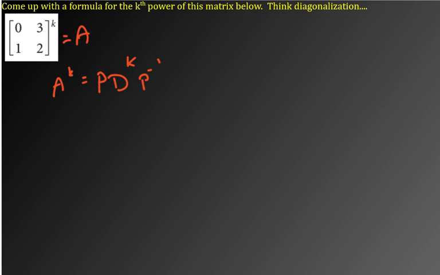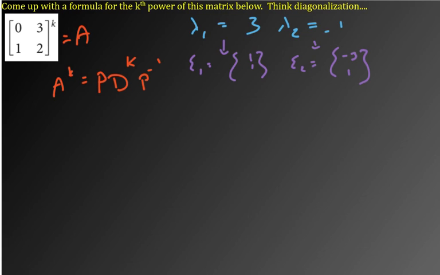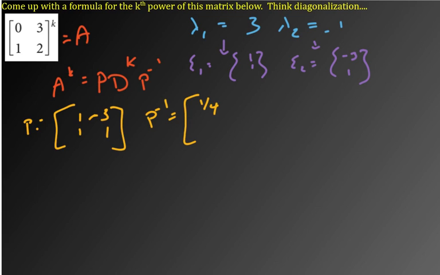And so here, I got to get all my eigenvalues and eigenvectors, which are these. All right, so eigenvalues, corresponding eigenvectors, then that would mean that P is 1, 1, negative 3, 1. And then if you just do P inverse on your calculator, you'll get 1/4, negative 1/4, 3/4, 1/4.